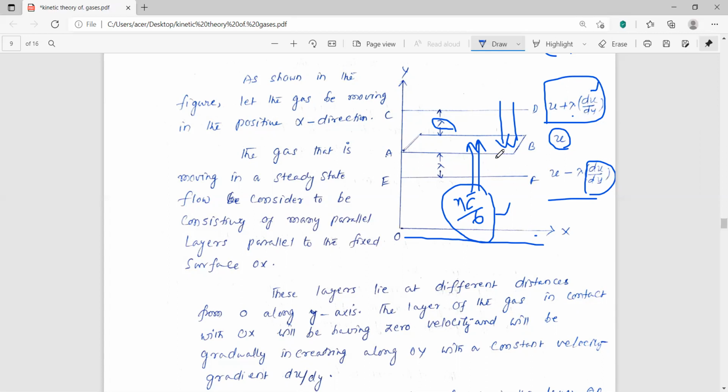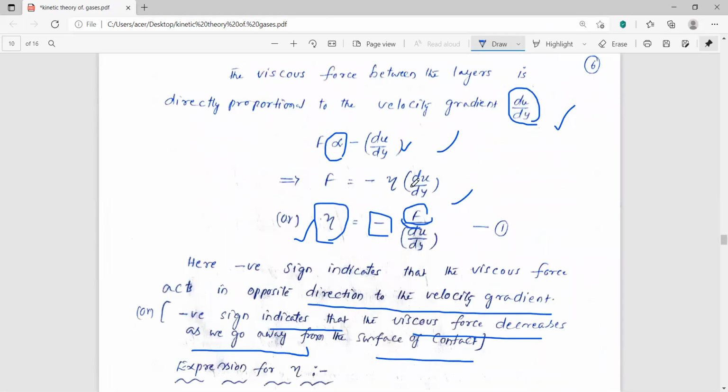Now, the viscous force which arises between these layers because of the differences in their velocities is directly proportional to the velocity gradient du by dy. So F is directly proportional to minus du by dy. This can be written as F equals minus eta into du by dy, where eta equals minus F by du by dy.